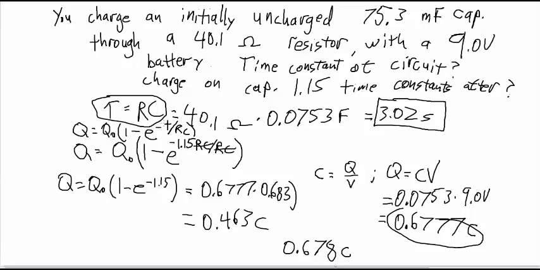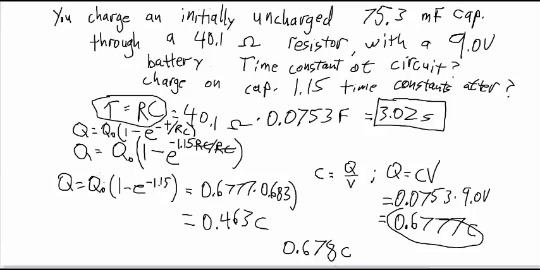So the thing is, if we know that the time we're looking at is 1.15 time constants, we can just put 1.15 RC in for our time, and that is handy because we can cancel the RCs, and that gives us an equation where we just have numbers we can plug in. E is the number E, the little E on your calculator.